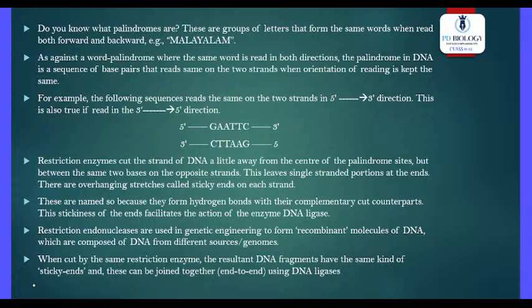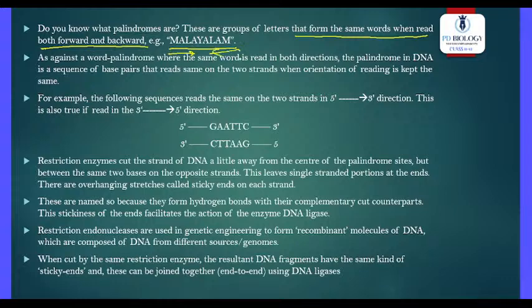So here is the description of palindromes. These are groups of letters that form the same word when read both forward and backward. See the word Malayalam: forward and backward, you can see the same word.